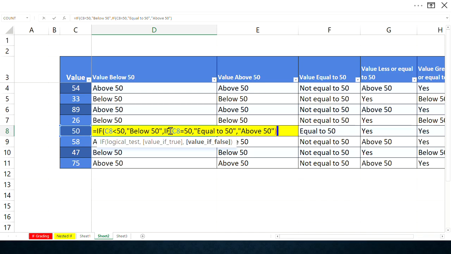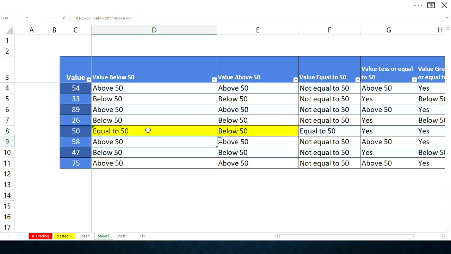Since we have parentheses here and a corresponding one here from the colors, the one in black must have a corresponding closing parenthesis, so that there are two closing parentheses to cater for the two opening parentheses. Then we get the result as expected. So here we have those three cases: above, below, and equal to 50.